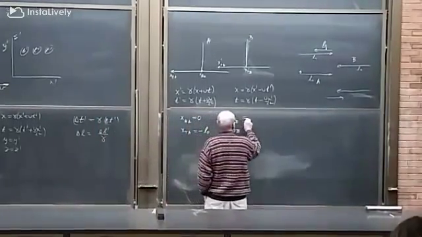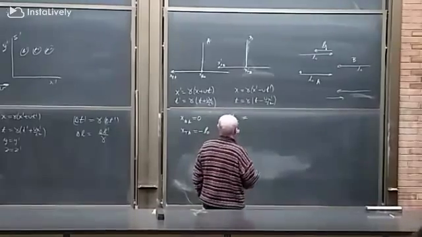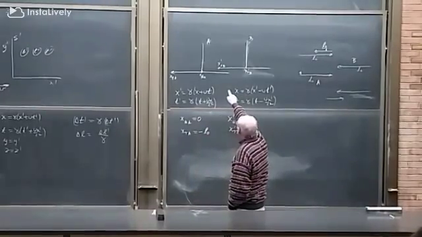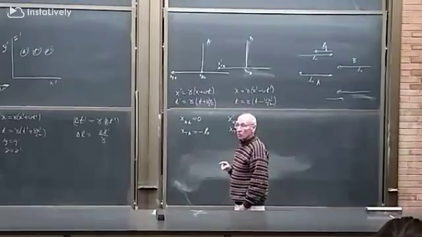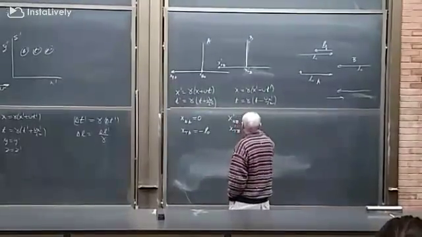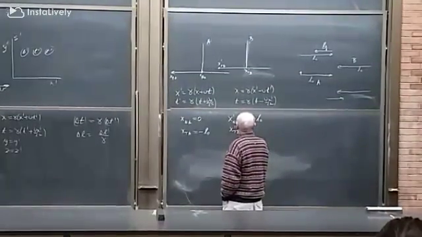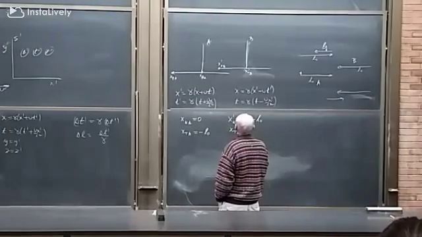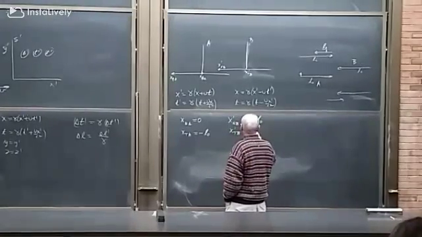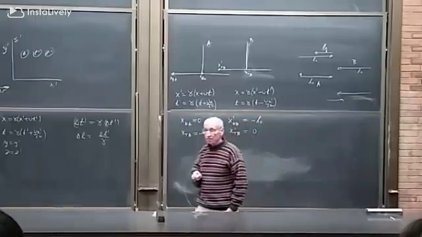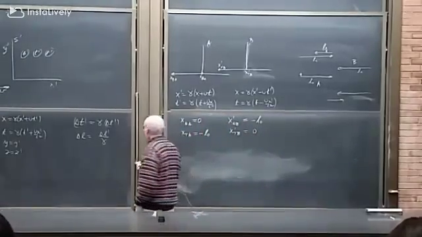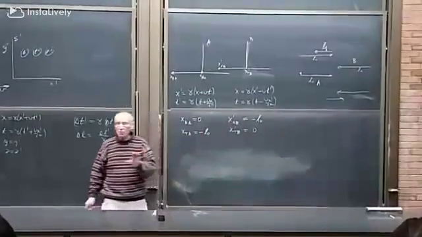Now, the nose of B is at minus L0 in the prime system, and the tail of B is at the origin, which is 0. Everybody on board so far?